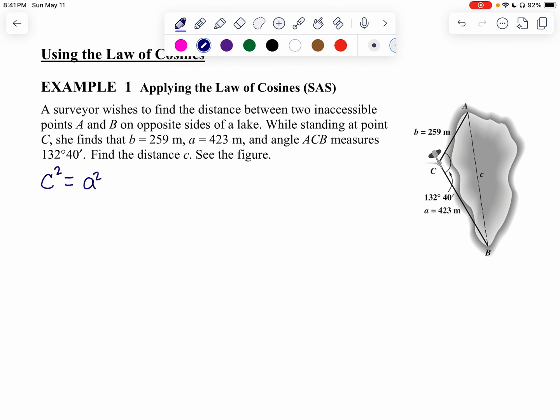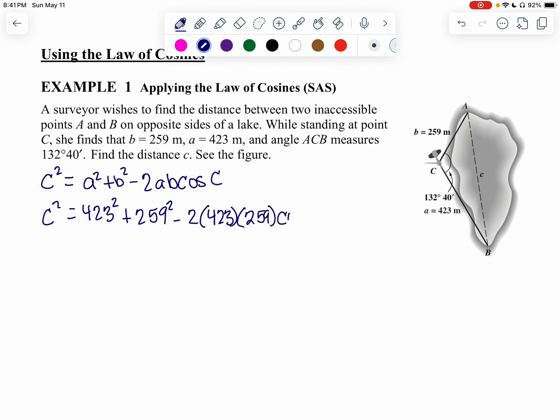So this is a squared plus b squared minus 2 times a times b times the cosine of angle C. So c squared is 423 squared plus 259 squared minus 2 times 423 times 259 times the cosine of 132 degrees and 40 minutes, which is going to be 132.67 degrees, because 40 minutes is 2/3 of a degree.